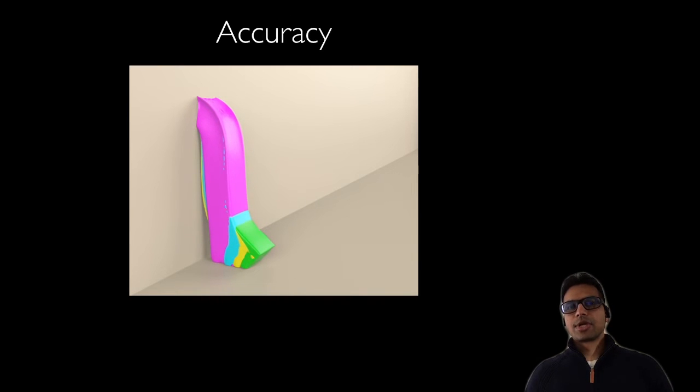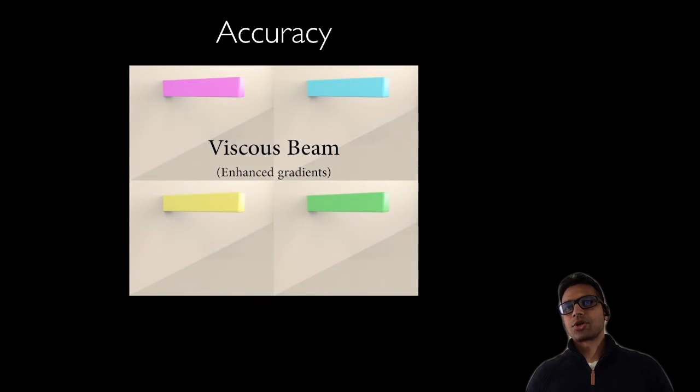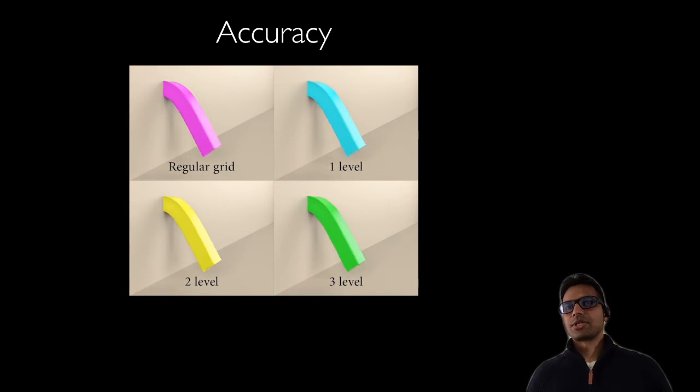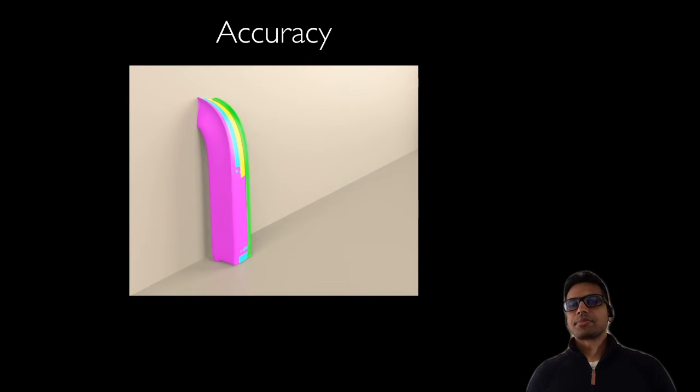So you have to basically be careful to lift the accuracy of the operator to second order, which is what we ended up doing. And with that in place, we can get solutions with multiple different resolutions that reflect the accuracy of the uniform grid solution.